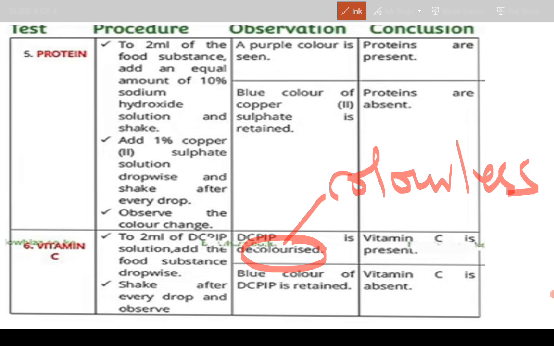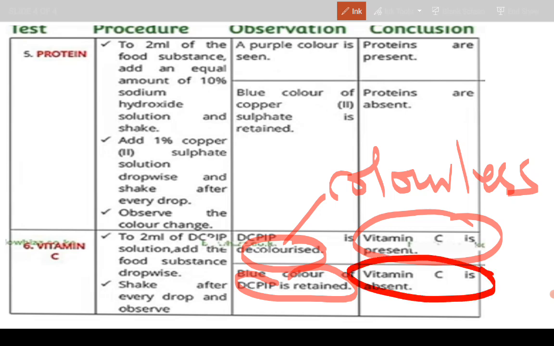To decolorize is to remove color from something. Okay, so the DCPIP will change from blue color to colorless. Okay, that shows that there is vitamin C. But if there is no vitamin C, the DCPIP will remain bluish. That shows that vitamin C is absent in that particular food substance.